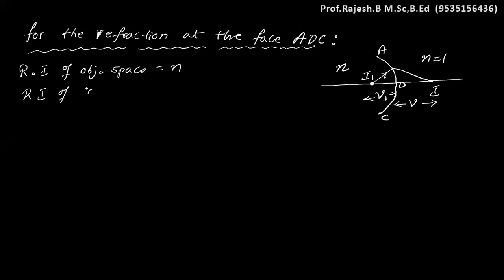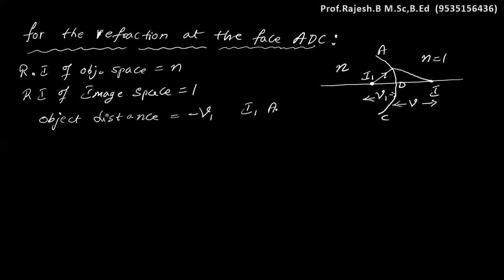Refractive index of image space: the final image is outside, so that is 1. And object distance is minus V1. Here you can write: I1 acts as a virtual object.